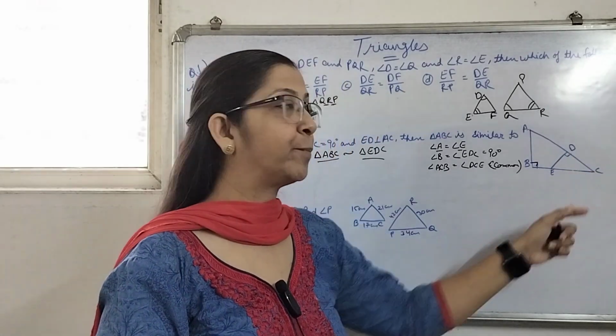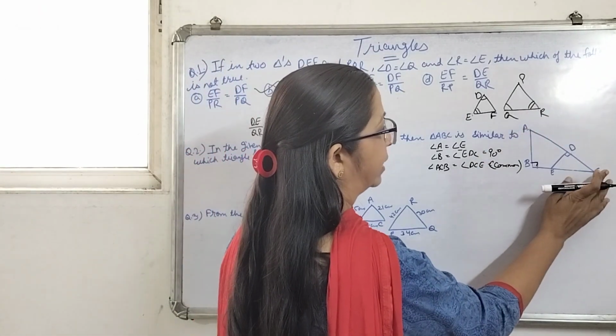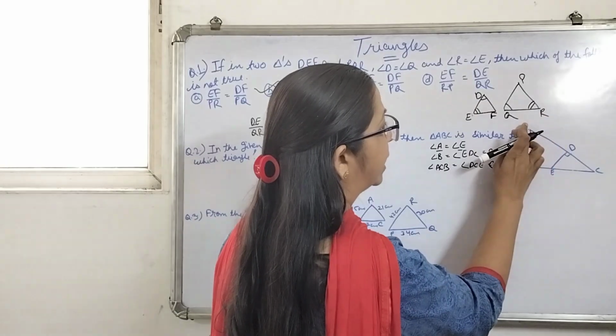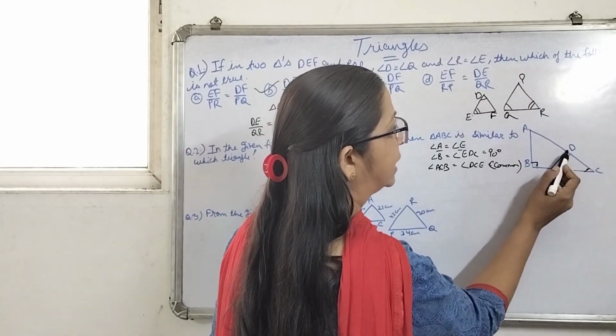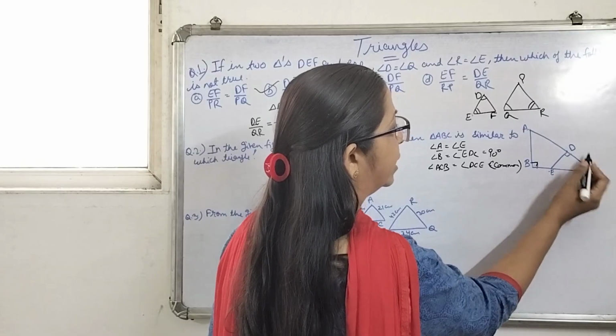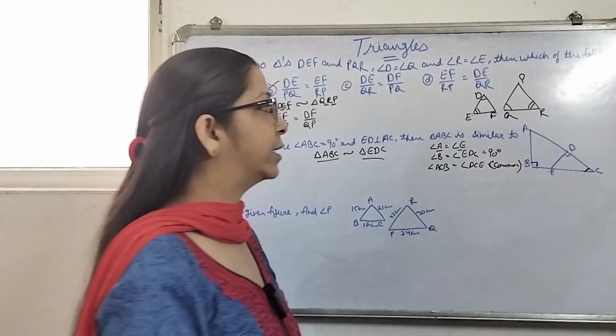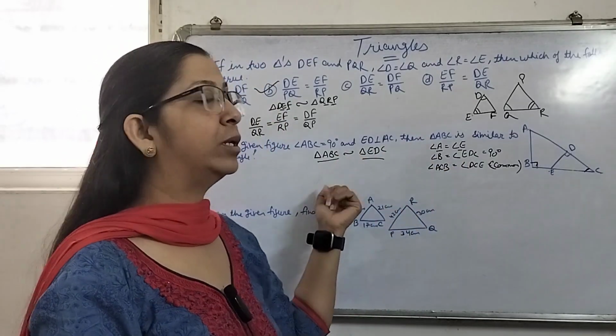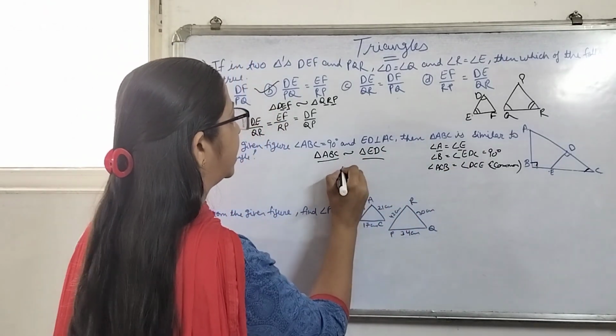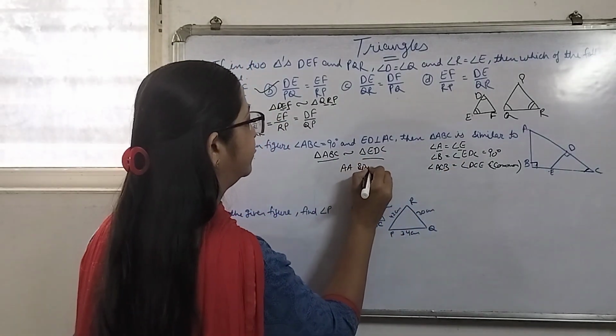Both are 90 degree. And if we take angle C of triangle ACB and angle DCE, this angle is common for both the two triangles. That means these two triangles will be similar by AA similarity.